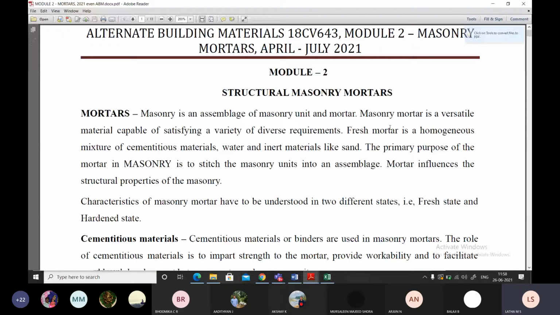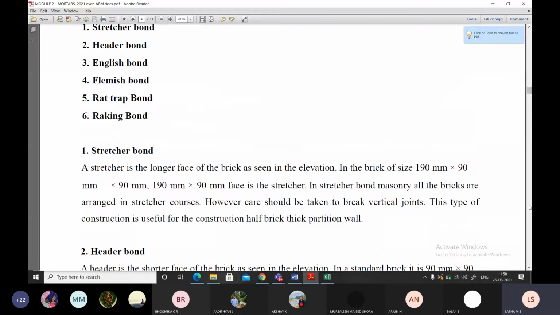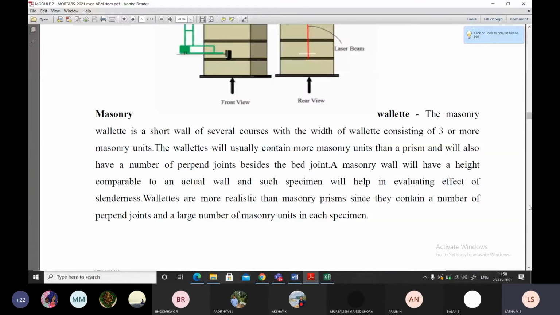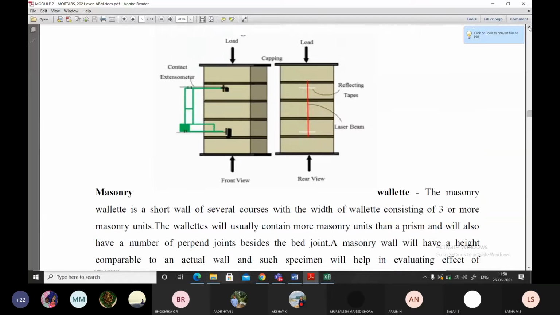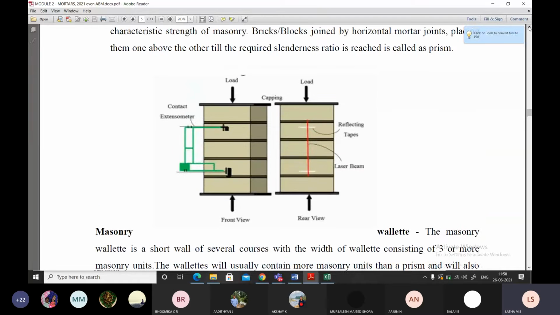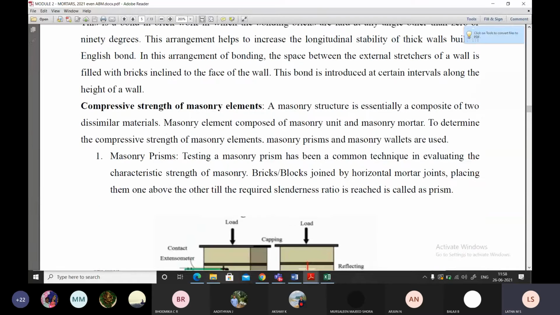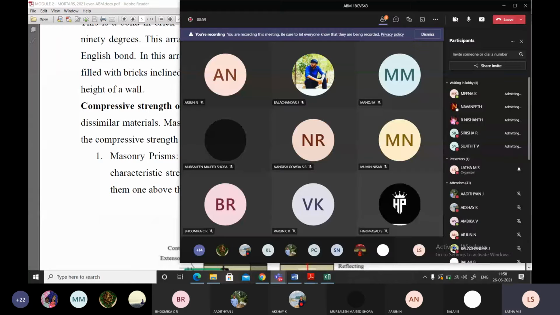You'll be talking about the masonry units and mortar. Remember, students, this starts from prism. From this point, the syllabus starts for your second IA: compressive strength of masonry units.